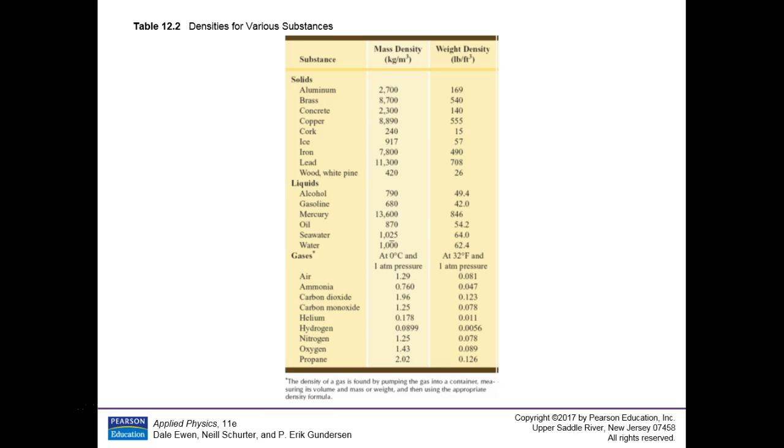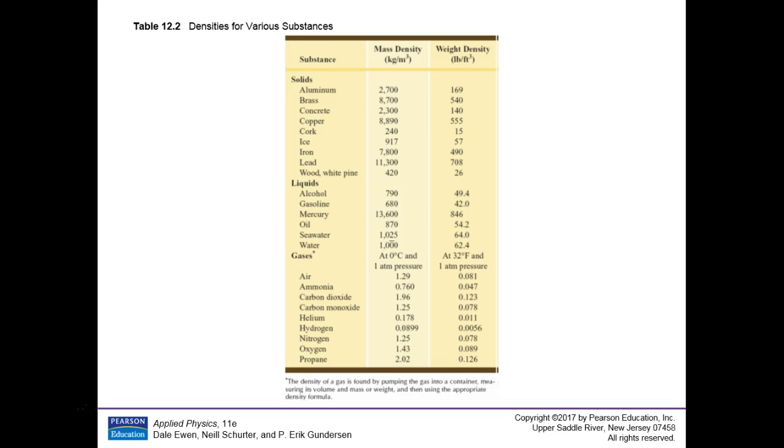That's because it's such a huge volume there. The weight density of aluminum, about 169 pounds per cubic foot. In other words, if you had 1 cubic foot of aluminum, that's going to weigh about 169 pounds. Okay? Brass, much denser because it has copper in it.